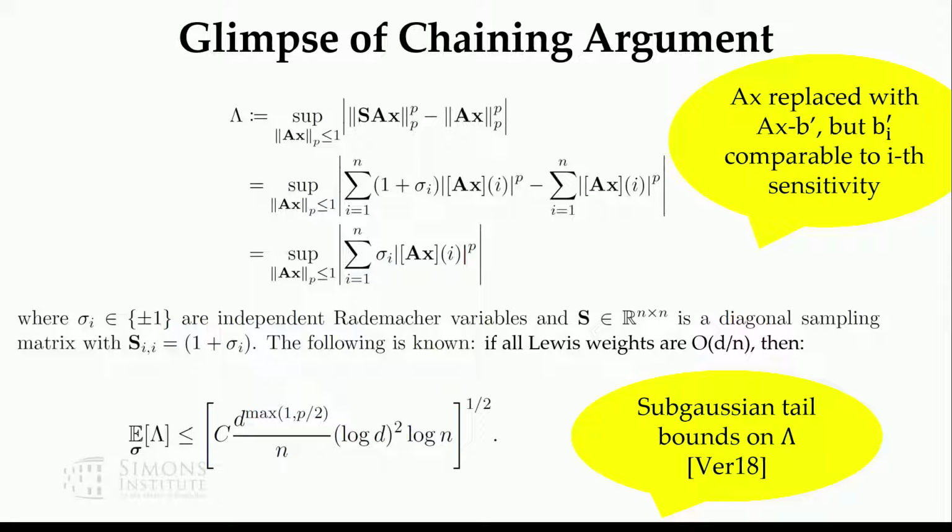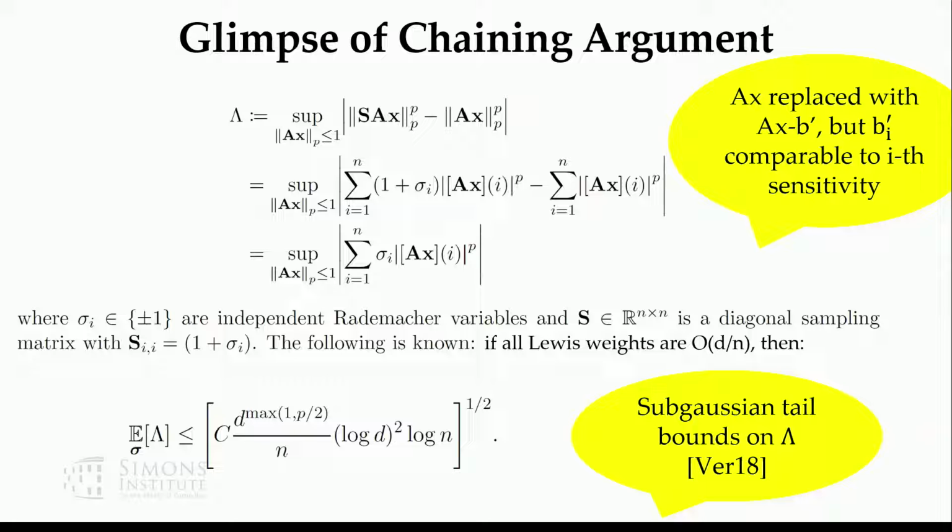If I don't include the row, it's 0. If I include it, it's 2. And so I just took this difference and wrote it coordinate-wise. Taking differences coordinate-wise, I get the sum of sigma_i times the absolute value of (Ax)_i to the p. That's the quantity that I want to bound.